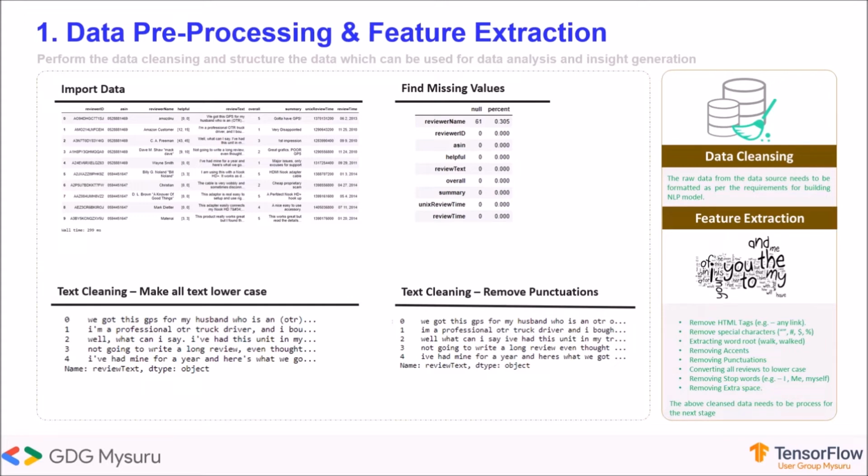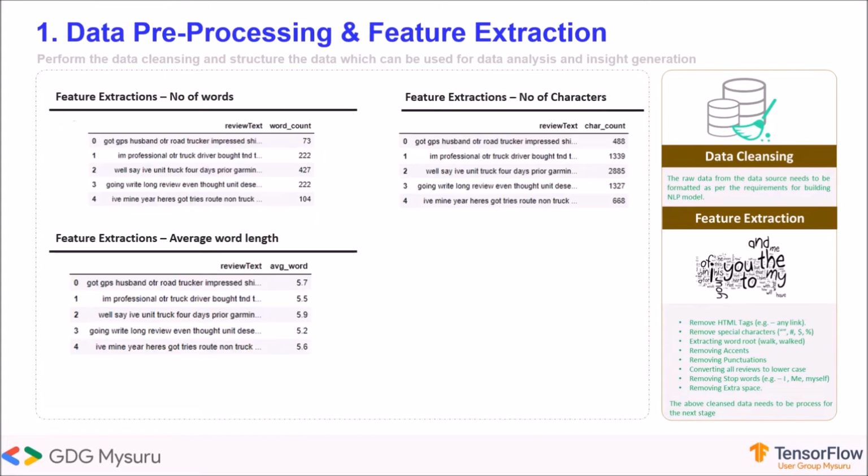Now moving to the next slide, which is feature extraction. So this is the next stage. Once your data is processed, the clean data is then processed to extract the features or variables that help to understand the distribution of the review text. This is to give you an idea of what insights you will be building and what kind of data you are passing through an NLP model.